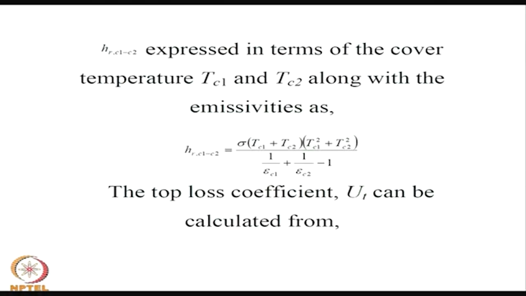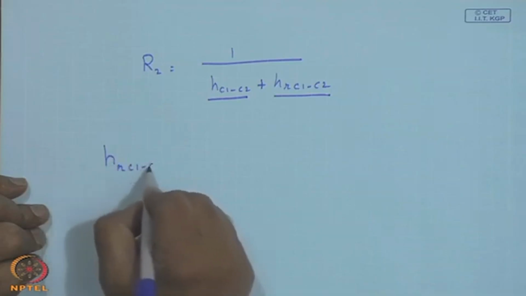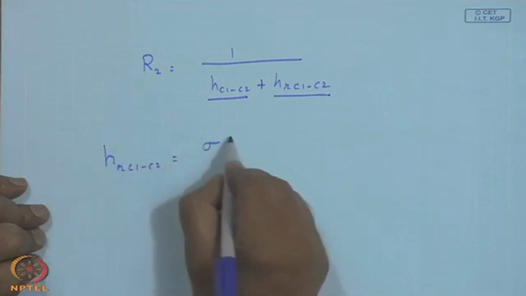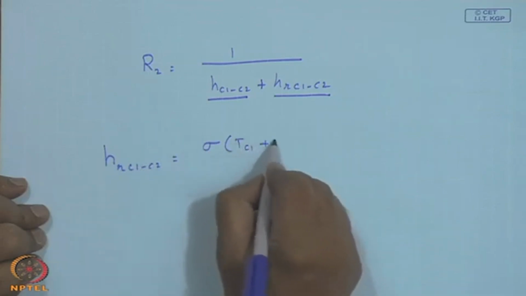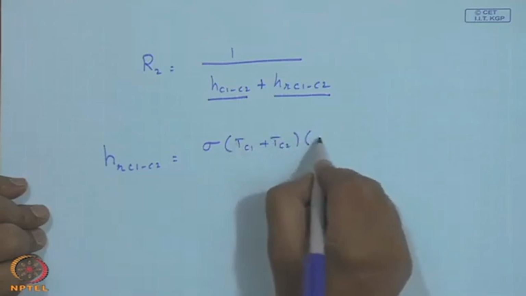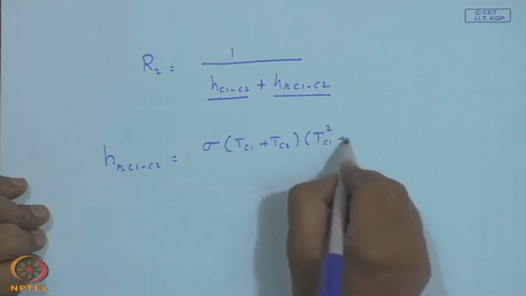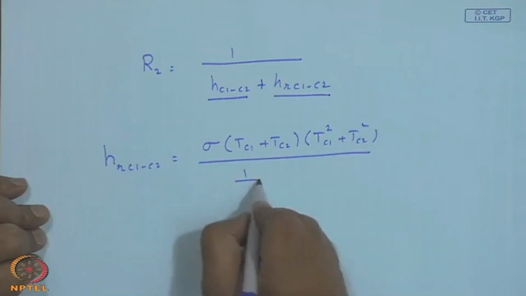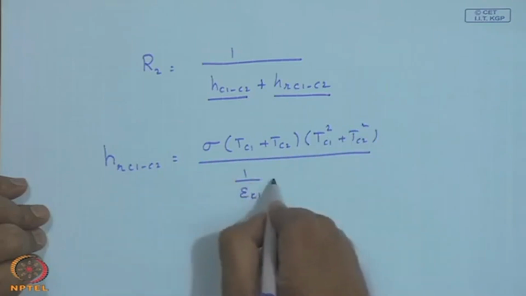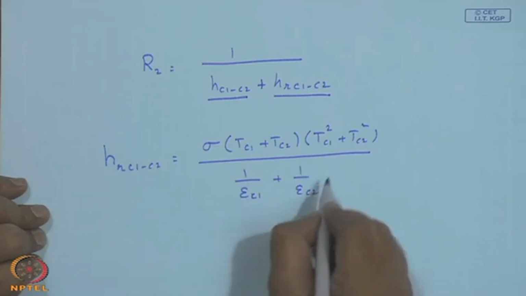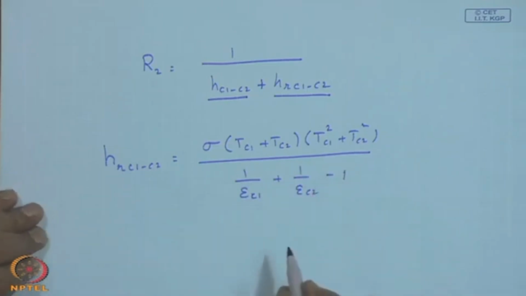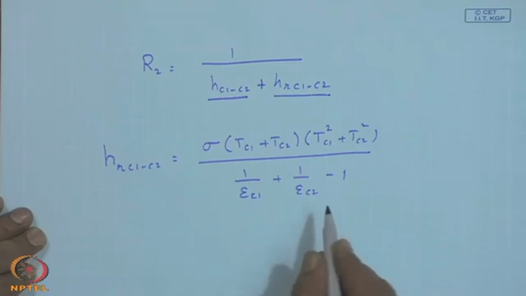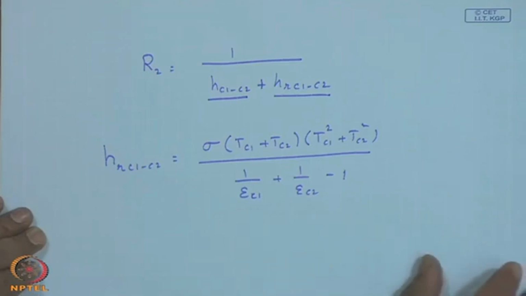So, you can again write H R C 1 C 2 as sigma times (T C 1 plus T C 2) times (T C 1 squared plus T C 2 squared) upon the corresponding emissivities. This is exactly similar to H R P C 1, where we wrote T P plus T C 1 into T P squared plus T C 1 squared upon the corresponding emissivities.